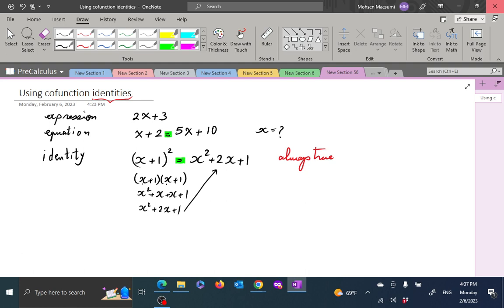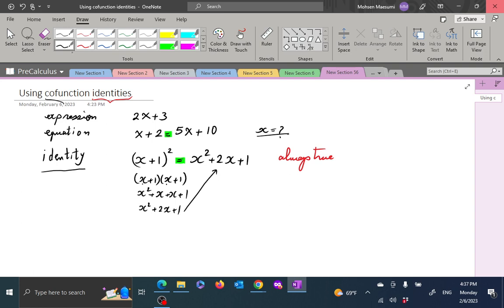So what is on the right hand side is essentially another reincarnation of what is on the left hand side. We are not looking for a certain x, rather we are saying these two are always equal. It's the identity in this sense that is very significant in trigonometry, and now we are going to start with one of the simplest examples of this.